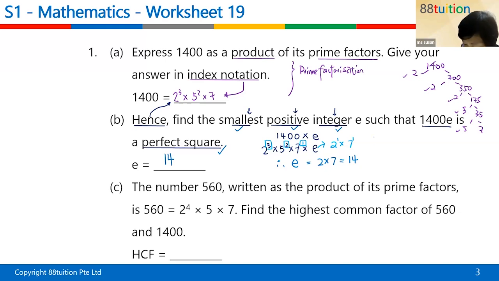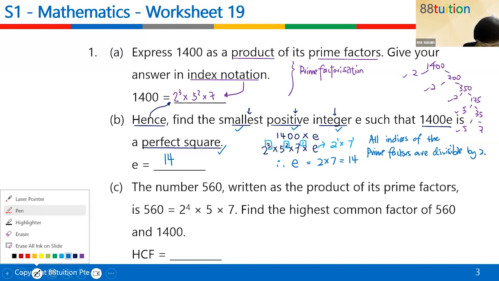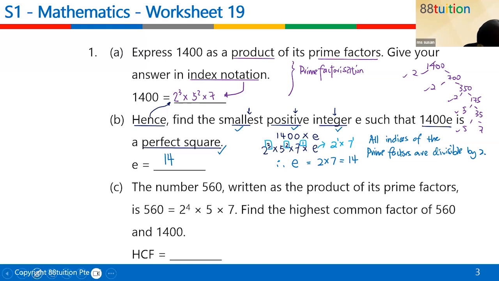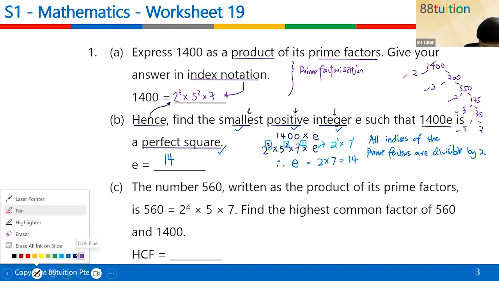Because all indices of the prime factors are divisible by 2. Okay? All right. So this is an important note that you want to write down also, because this is a popular O-level type of question. Okay?